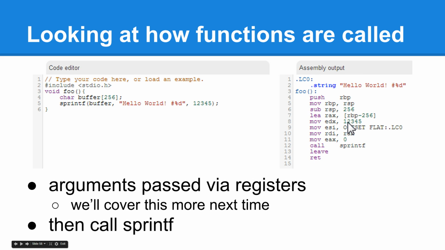So what's happening is that we're moving into RAX the address on the stack of this character buffer, and then to EDX we're moving the first parameter for the format string that's going to get converted into there, and then we load into ESI the source index, the beginning of this string. And then we move the destination to the stack variable here, buffer. We zero out EAX, I don't know why, and then we call sprintf.